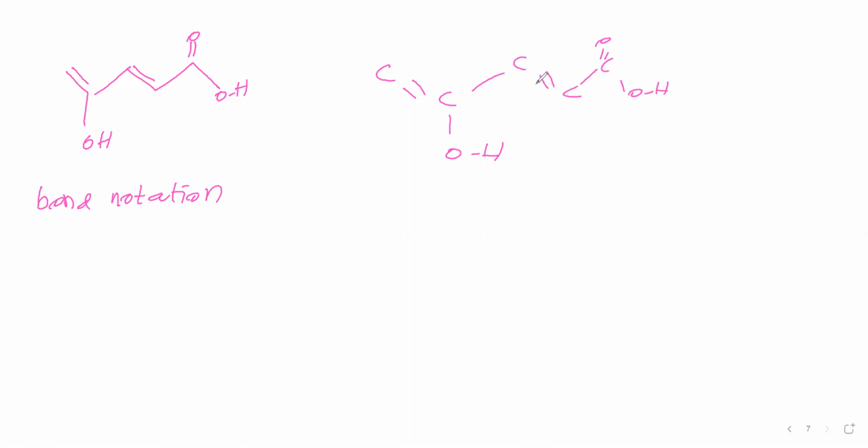Then we will give hydrogens as per the valency of carbon. Here 2 bonds are there, therefore 2 hydrogens. This carbon has 4 bonds, therefore don't give hydrogens. This carbon has 3 bonds, so 1 hydrogen. This carbon has 3 bonds, so 1 hydrogen. For this carbon 4 bonds are there, therefore don't give hydrogens.